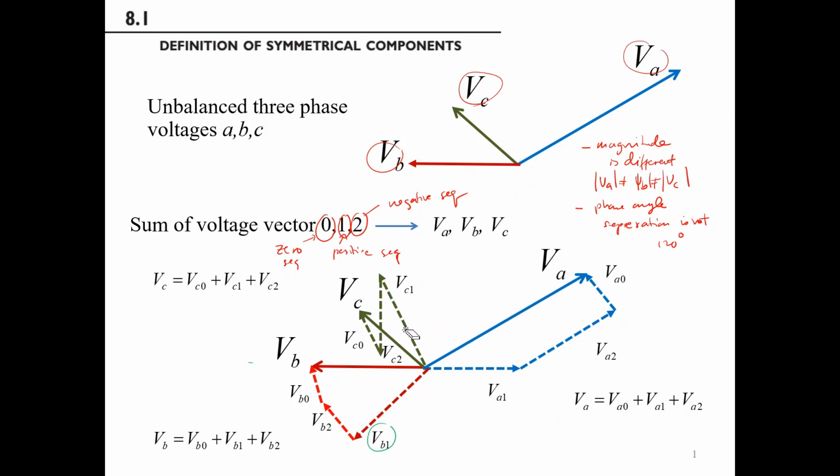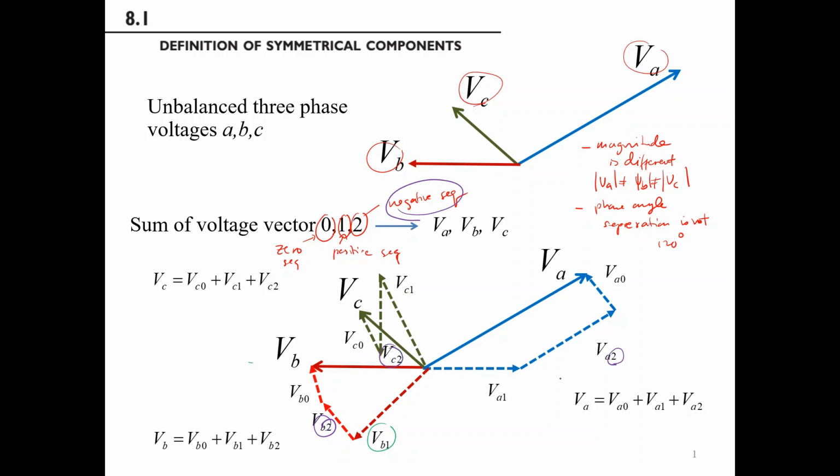Now the negative sequence. I will change the color, maybe to purple. V2 is the negative sequence, you see from the subscript 2. Where is VB2? It is right here. And VC2.